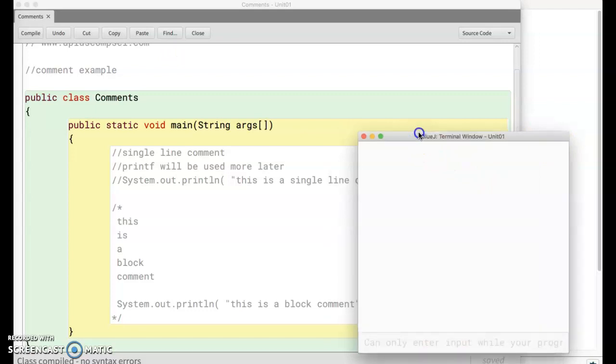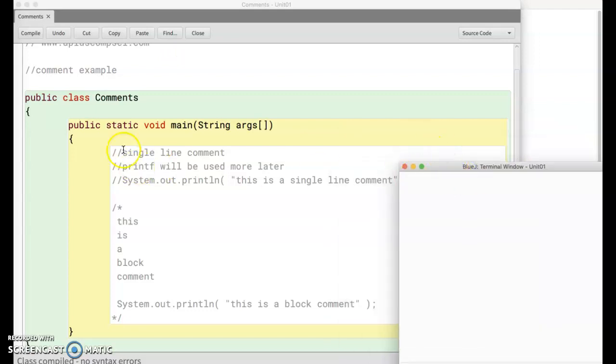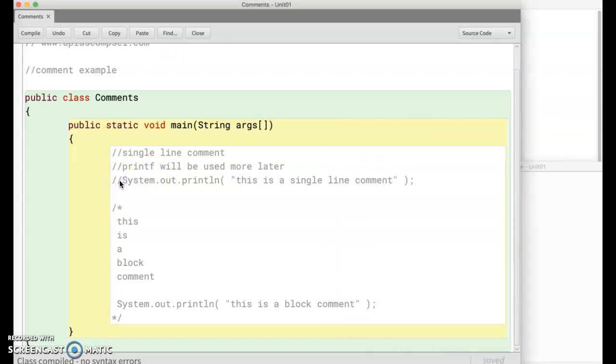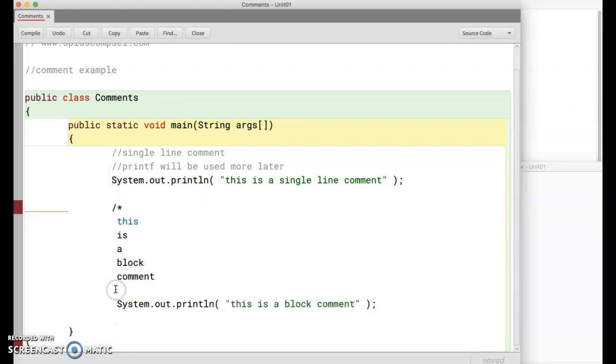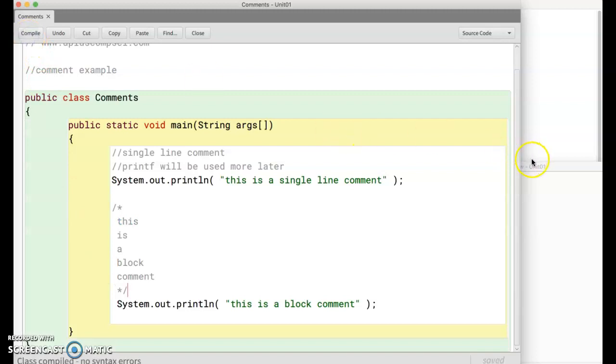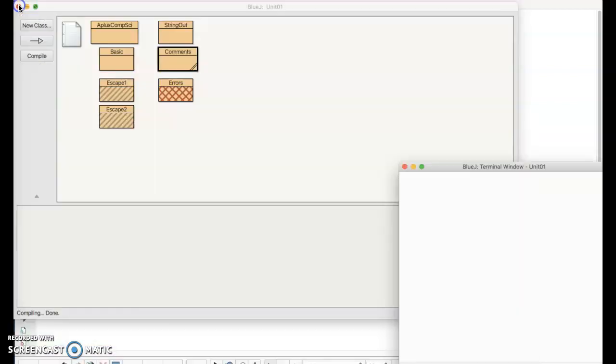There's literally nothing happening. The computer ignores each one of these single lines. But if I take this one off, it's going to output this because this is no longer a comment. And if I move this multi-line piece up, we often use comments to not only clarify code, but we use them to debug.